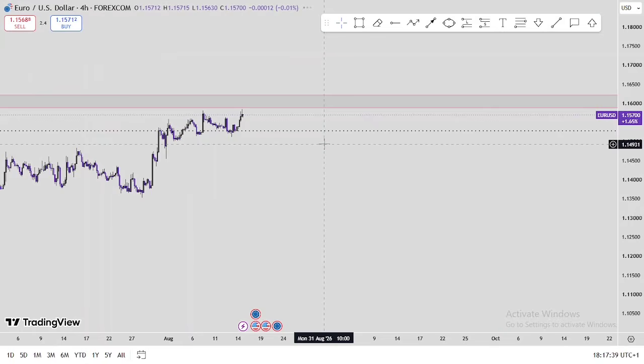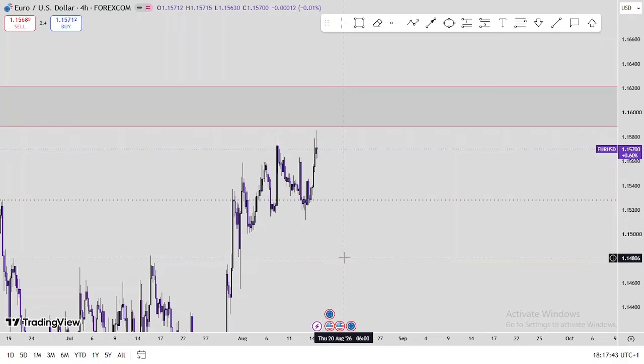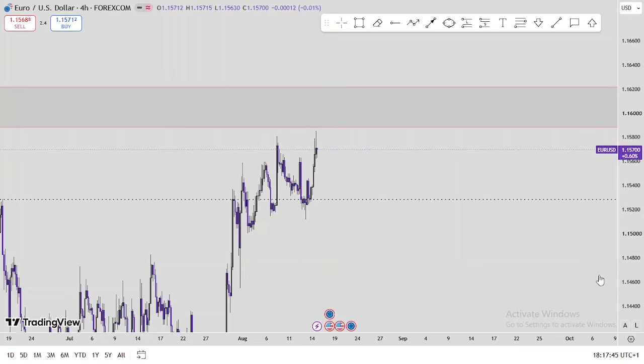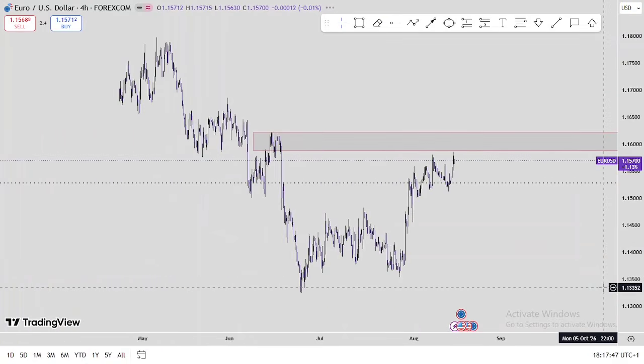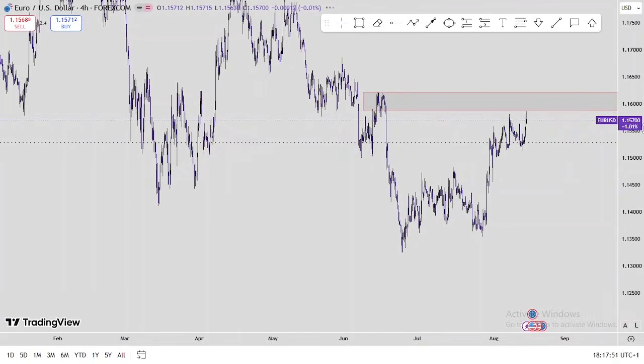How is it reflected on the 4H? On the 4H, we can see that, zoom out again for a better picture.